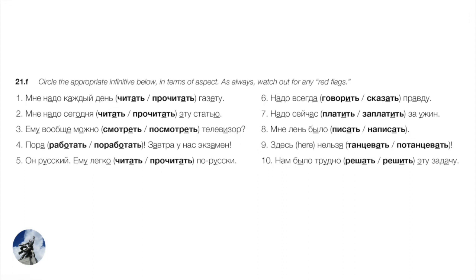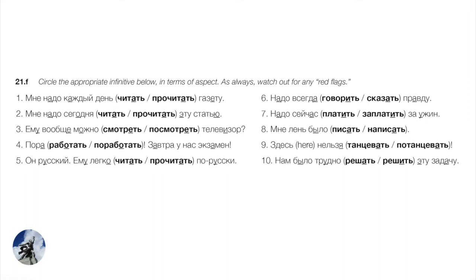Number 10, нам было трудно. It was hard for us to blank the problem. Okay, to solve the problem. Okay, this is an interesting example. When you're choosing infinitives after adverbs or verbs talking about attempting to do something, in this case, it was hard to solve the problem, right? Well, what was hard?